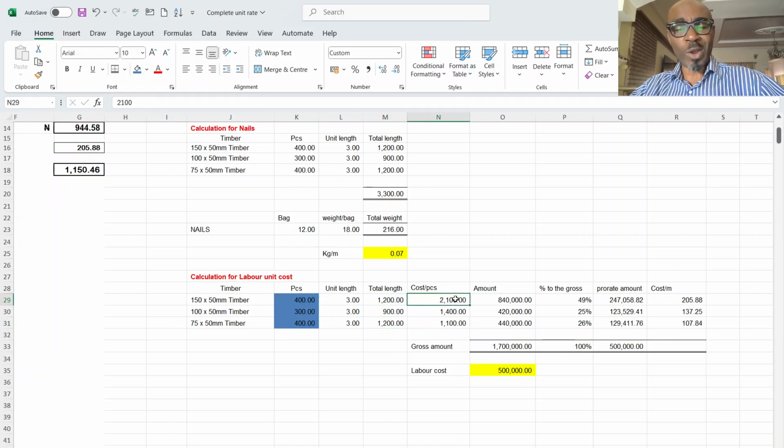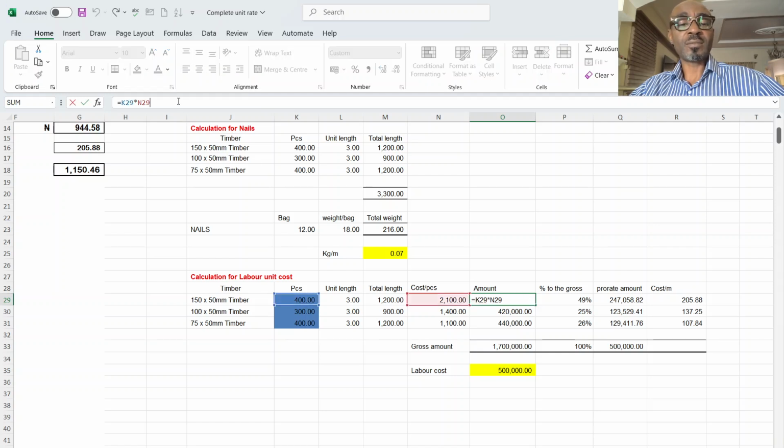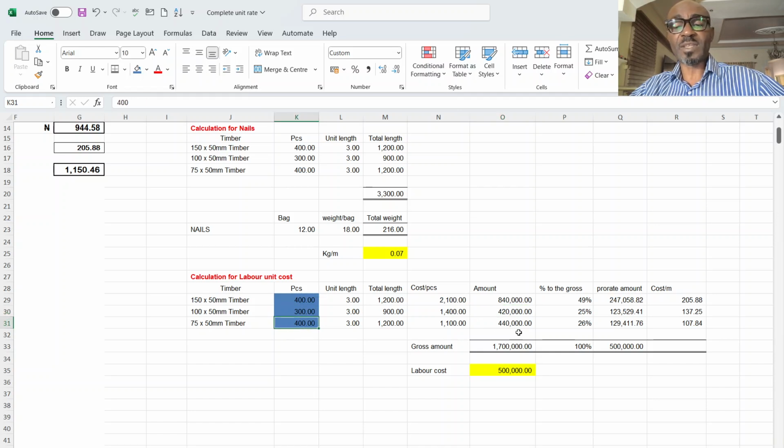And the cost per one, not cost per meter now, is 2,100, 1,400, and then last is 1,100. If you multiply the cost of 400 pieces by 2,100, gives you 804. The same thing you do for 300 gives you 420. Then for the 75 by 50 gives you 440. You sum the amount, you have 1.7 million.